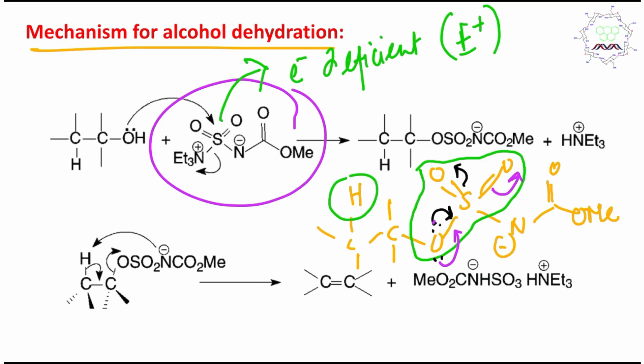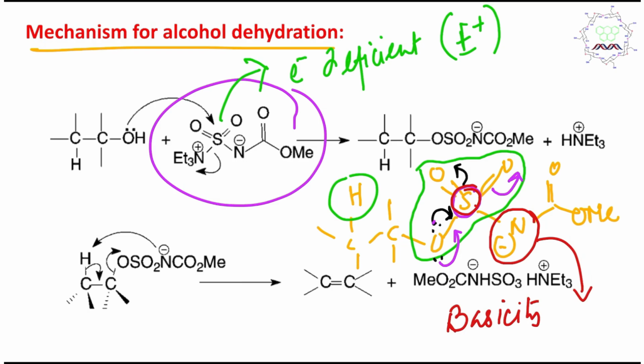So this sulfur center is not that electron deficient, agree? This nitrogen lone pair is not that much delocalized into the sulfur center. So can I say here that after this ester formation, the basicity of this nitrogen increases? Obviously yes. So that's the thing.